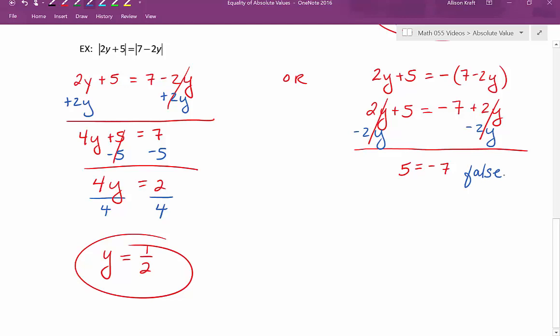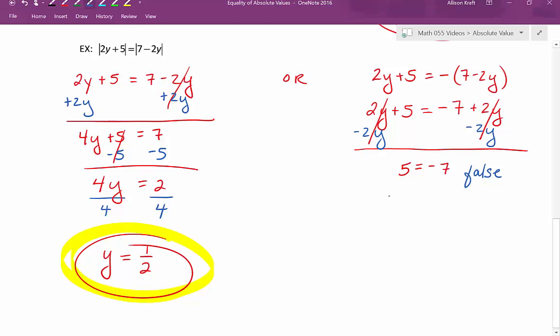When we're solving a single equation and we get a false statement, we say no solution. But this absolute value equation had two linear equations to solve, so we wouldn't say no solution because we do have a solution of positive 1/2.